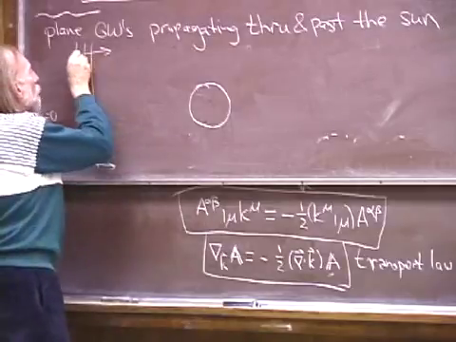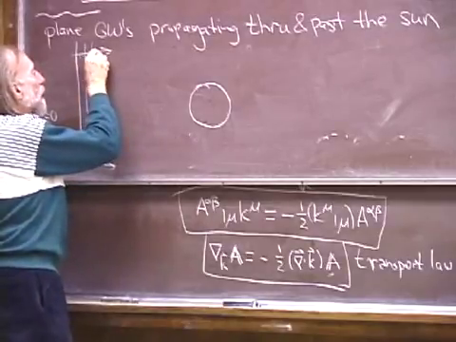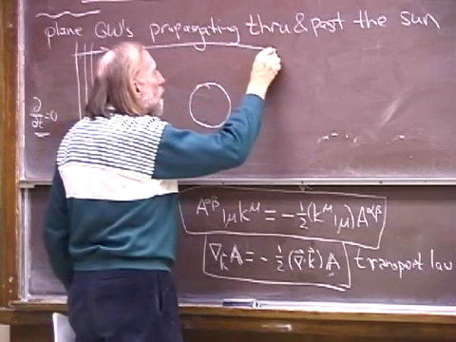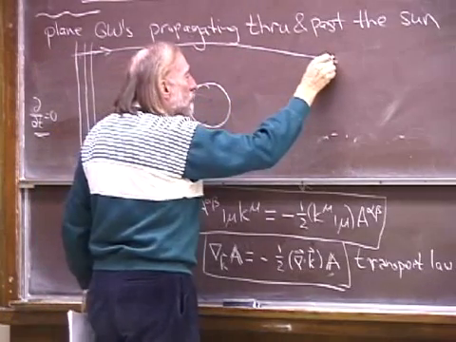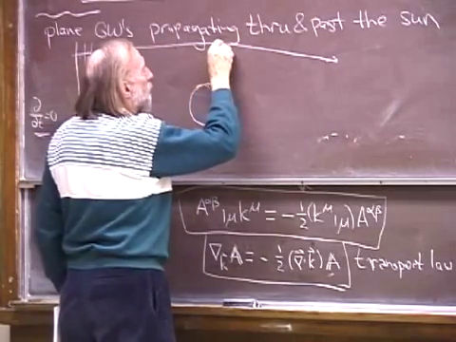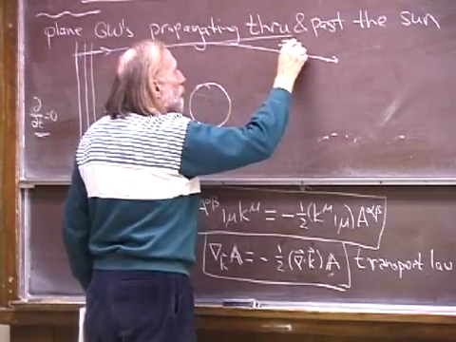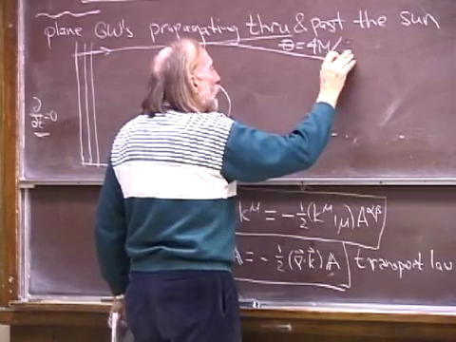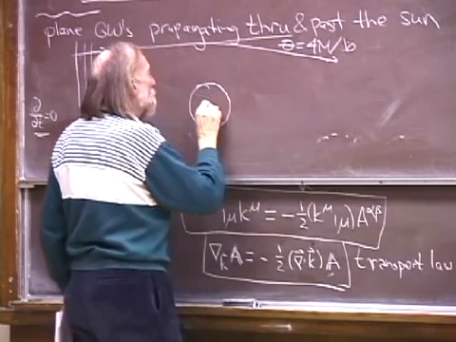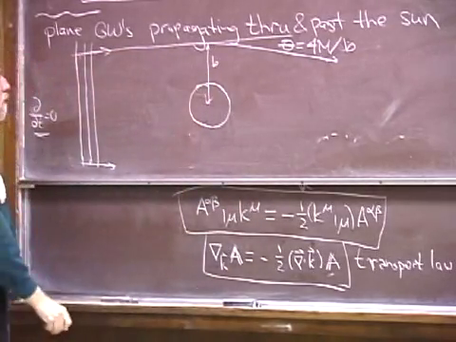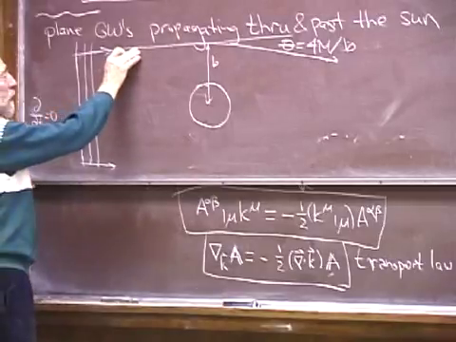Now, a ray drawn spatially in this diagram, as it passes the sun, one can show that because it's a null geodesic, it gets deflected through an angle that is 4 times the mass of the sun divided by b, where b is the impact parameter. So rays up here are deflected only a little bit.